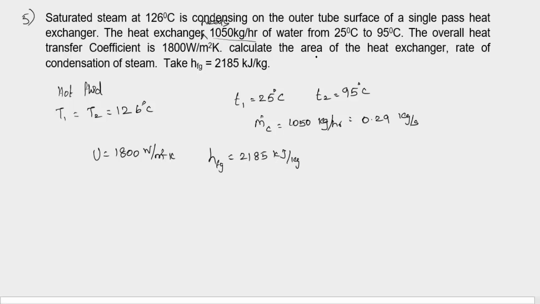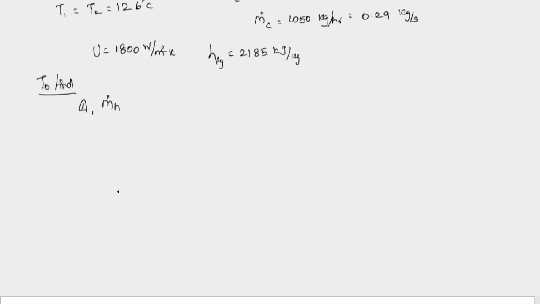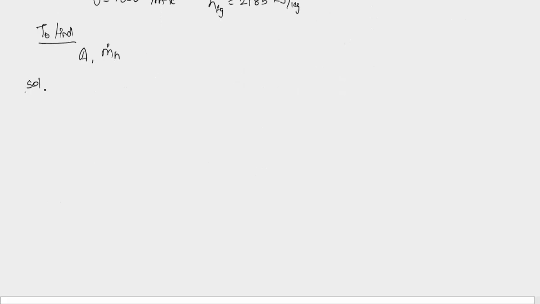Here, calculate the area of the heat exchanger and the rate of condensation of steam. To find the area, the m dot h value has to be found out. So go to the solution. In the solution, first you have to find the amount of heat transfer.